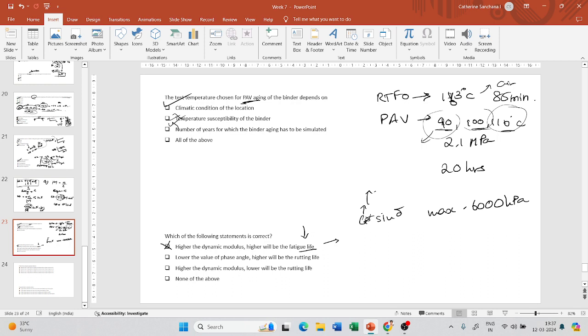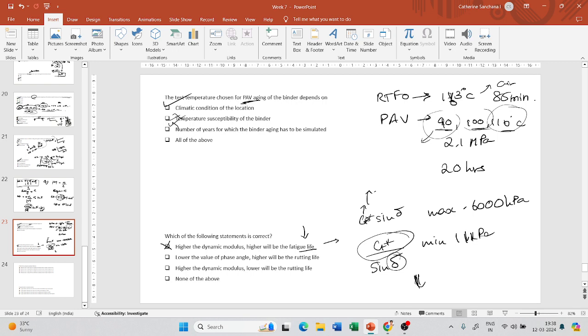Lower the value of phase angle, higher will be the rutting life. So what is the criteria for rutting? G star by sine delta should be minimum of 1 kPa. So here they are not talking about modulus, they are talking about phase angle. What will happen if this value is low?